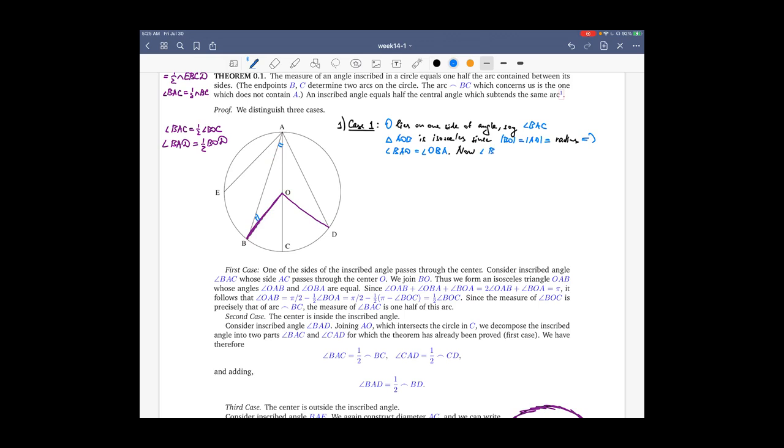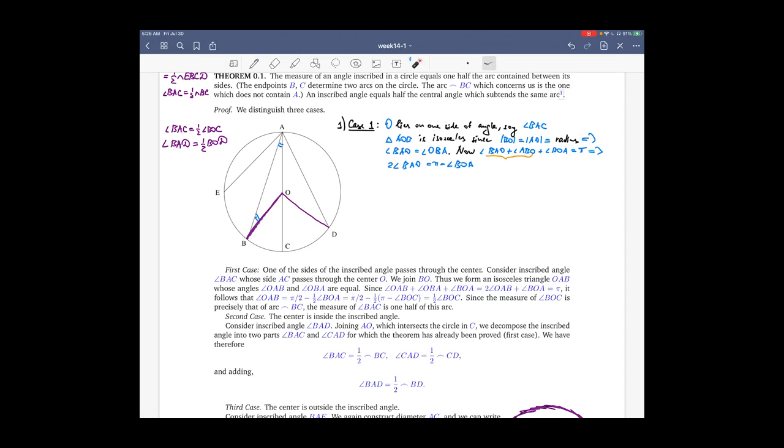So angle BAO plus angle ABO plus angle BOA add up to pi, and these two angles are equal, BAO and ABO. So we have that 2 times angle BAO, which is the same as BOC, simply is pi minus the angle BOA.